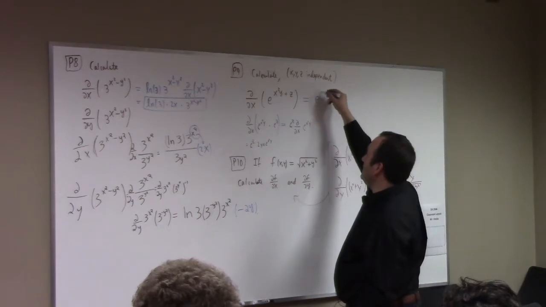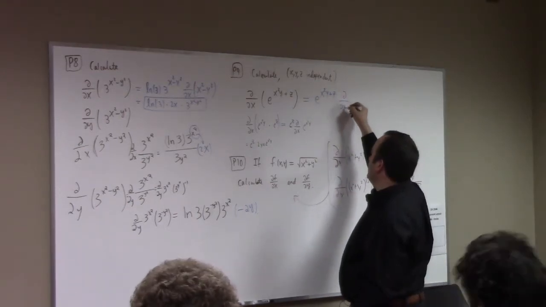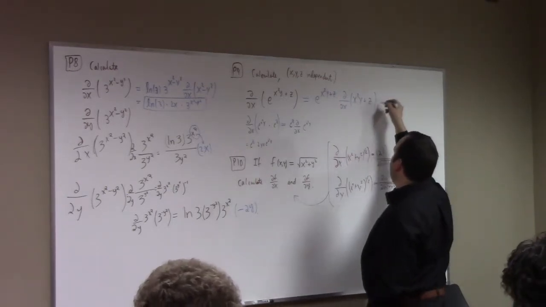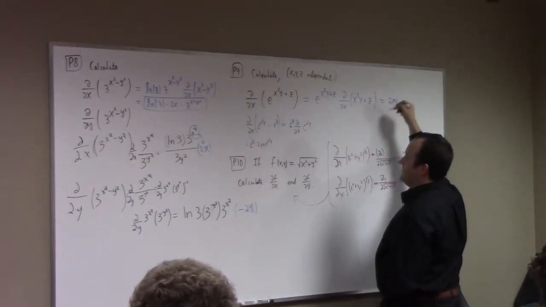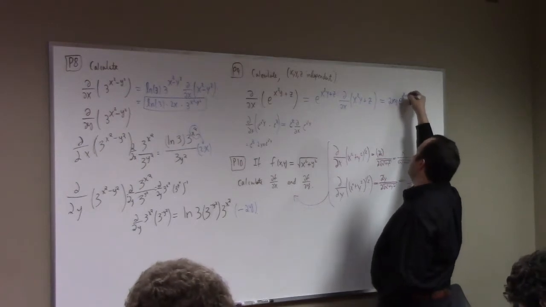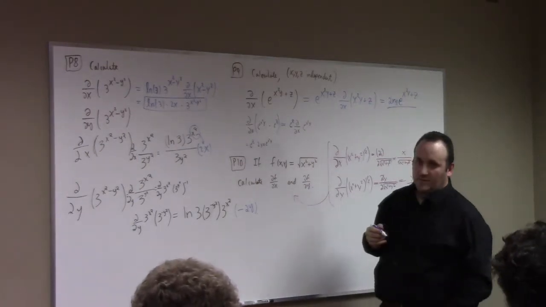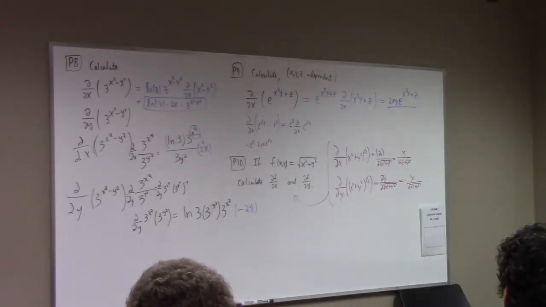This is e to the x squared y plus z times the chain rule, partial x of x squared y plus z, which differentiates to 2xy, as you pointed out down here. Very good. So you could do it this way also. What you did was not wrong, just different ways of looking at the same thing.